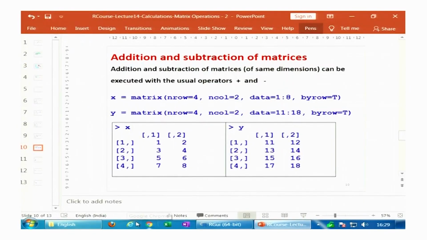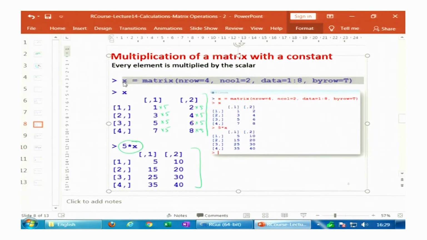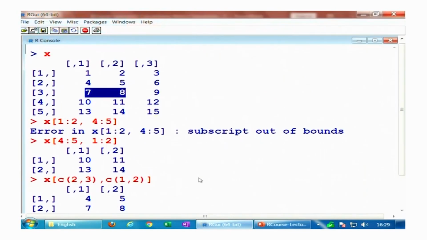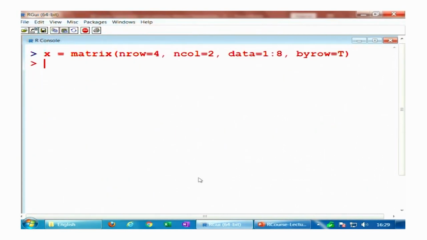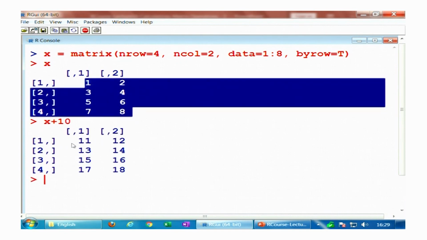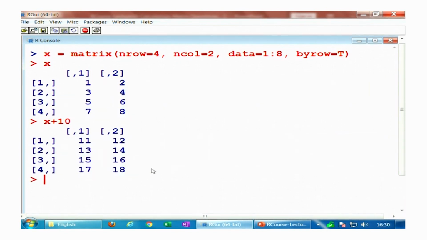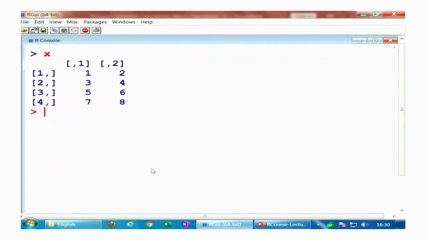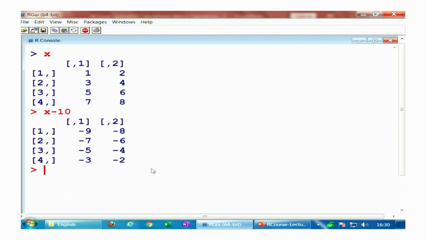Before I move to the operations between matrices, let me show you these operations on the R console also. Let us take this matrix here like this, and suppose I add 10 to this matrix. You can see every element in this matrix has been increased by 10. If I subtract 10 from every element, then this is your x, and x minus 10 is like this: 1 minus 10, 3 minus 10, and so on.